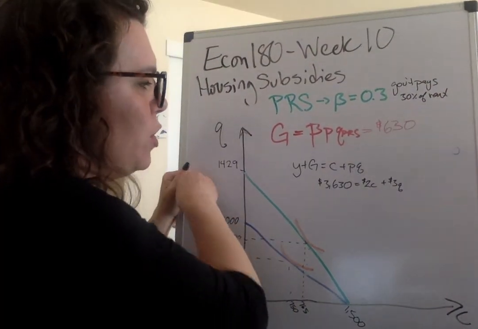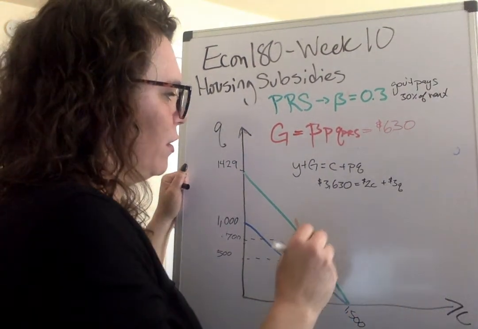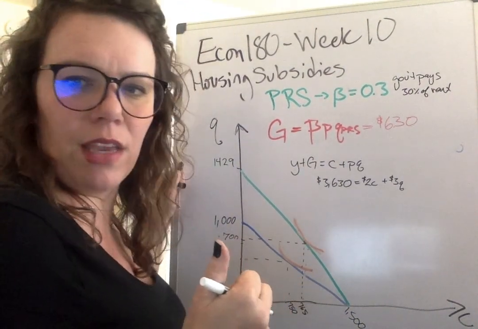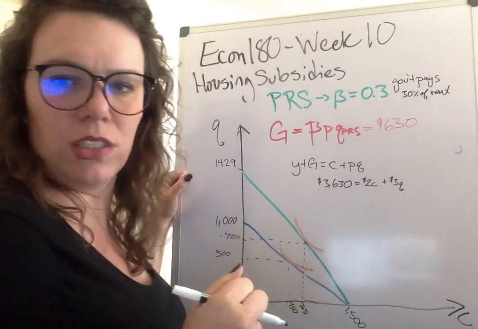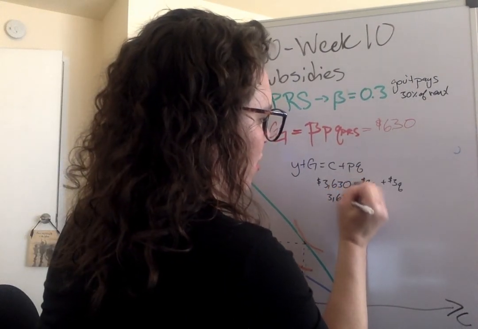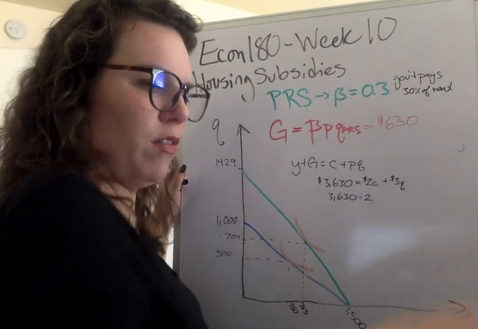So now we have new endpoints. We can solve for them the same way. The household can either consume everything else or consume housing. If they only consume everything else, they can consume, let's see, it's going to be $3,630 divided by $2 per unit of everything else.